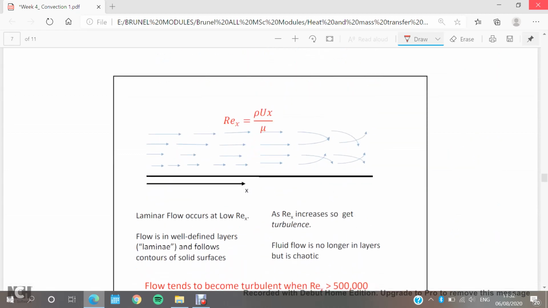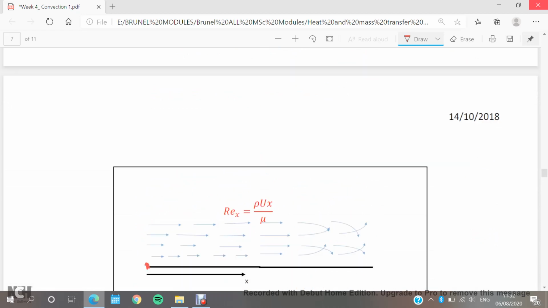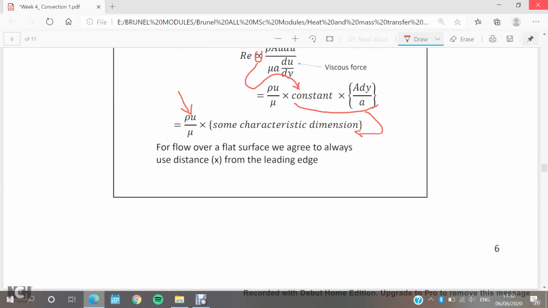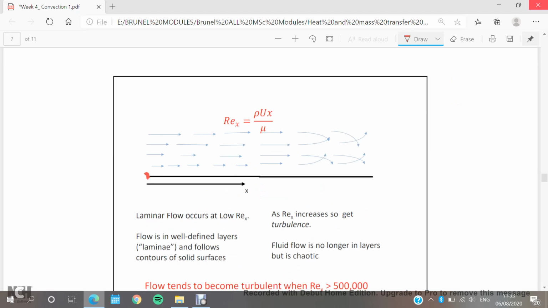What is the x? The x is the distance from here toward the horizontal surface. So if we call it here, for example, this is the leading edge of the horizontal plate, and at the leading edge x equals 0, and as long as I go over the horizontal surface, the x will increase.